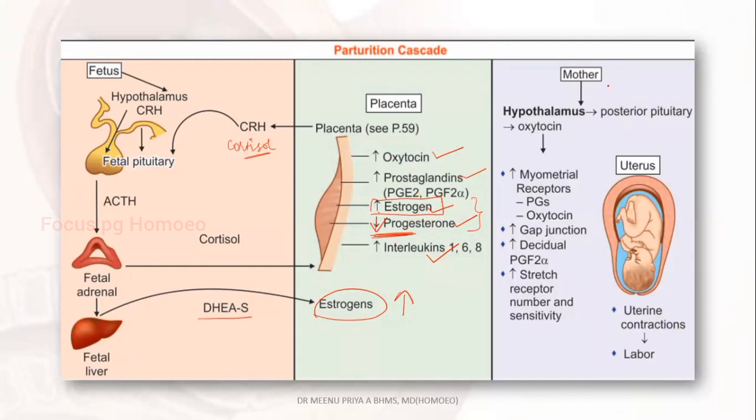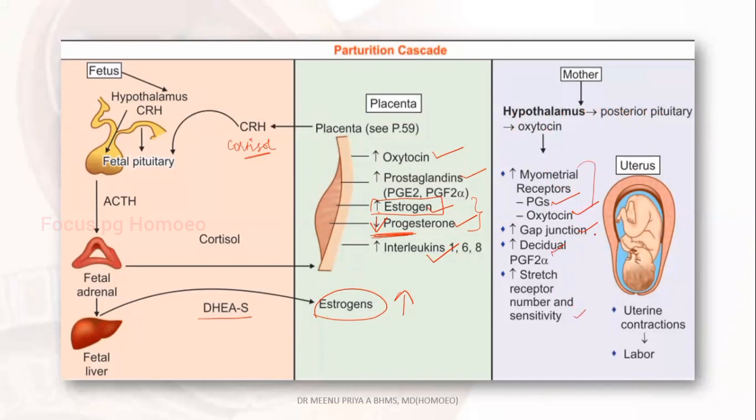Now, when we come to the mother, what are the changes? The hypothalamus will stimulate the posterior pituitary, which we know is the part that secretes oxytocin. This oxytocin will increase the myometrial receptors for prostaglandin and oxytocin, and there is increased gap junction, increased decidual prostaglandin, and increased stretch receptor number and sensitivity.